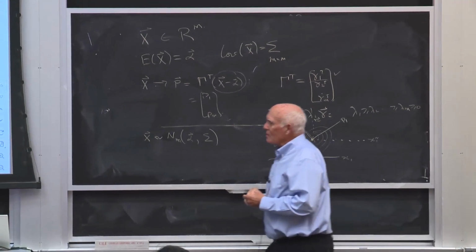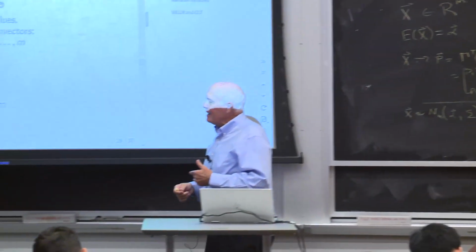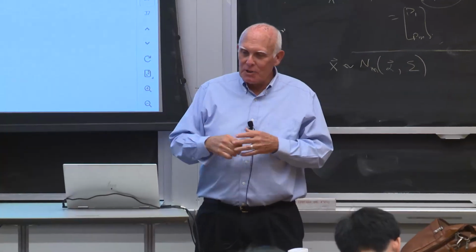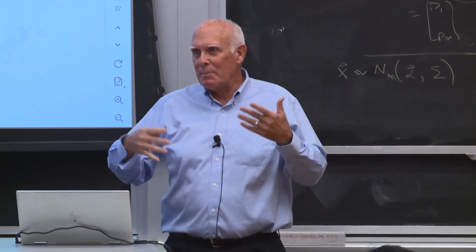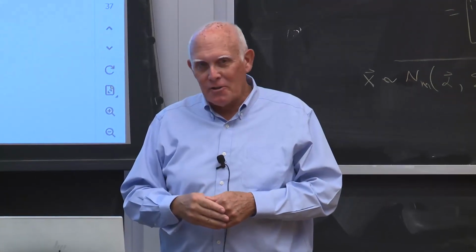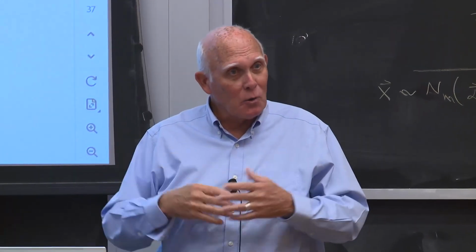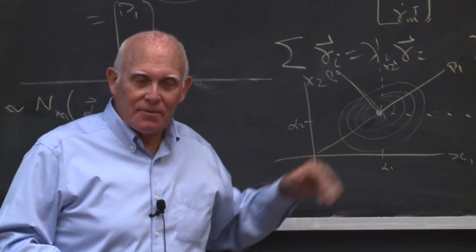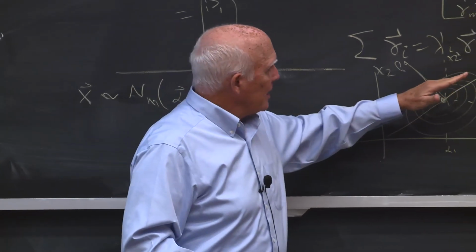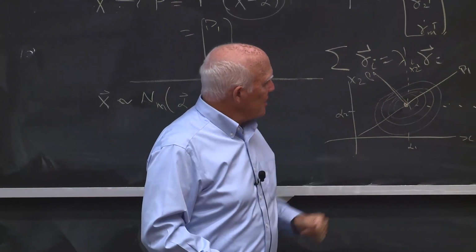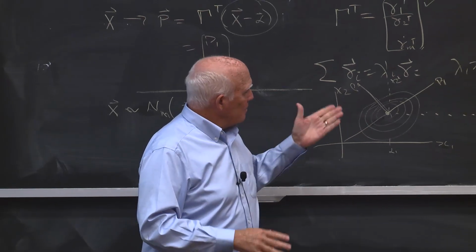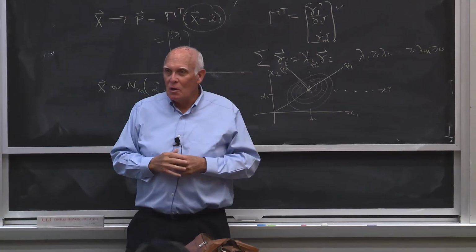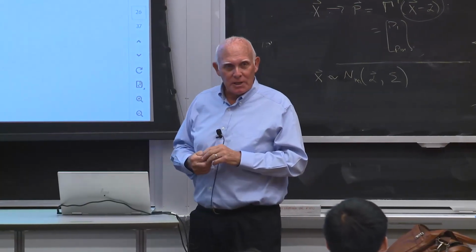What ends up being very useful is that, at least when we look at a market of stocks or asset returns, some of those may be highly correlated with each other. Others may be, in a sense, orthogonal or uncorrelated with each other. And with principal components analysis, we can actually identify different directions in the space which basically have decreasing levels of variability, but that are also orthogonal or uncorrelated with each other.